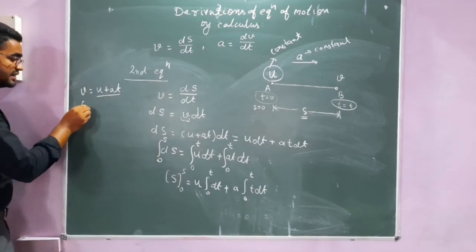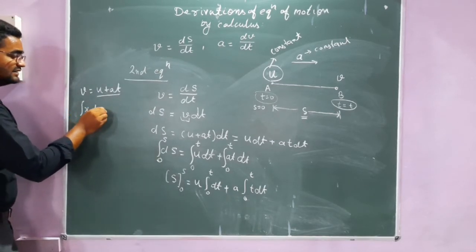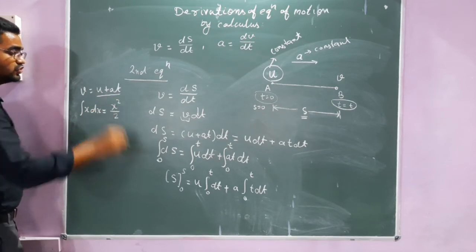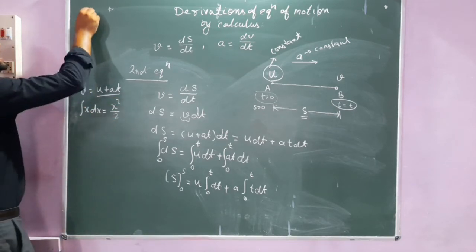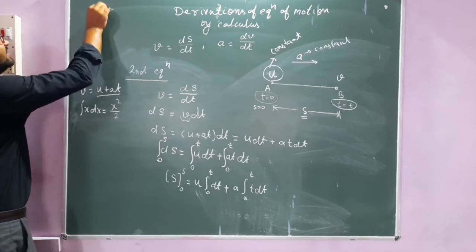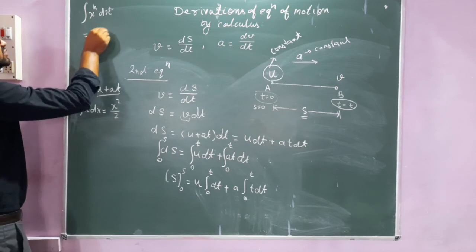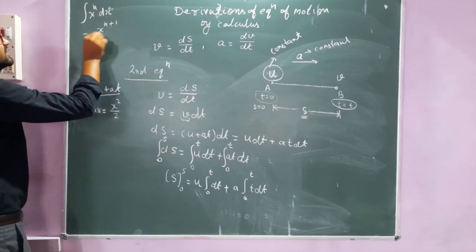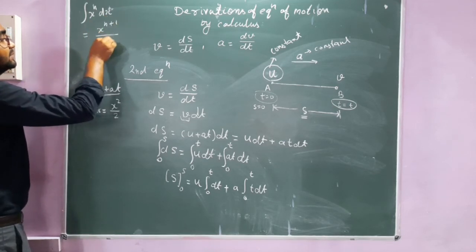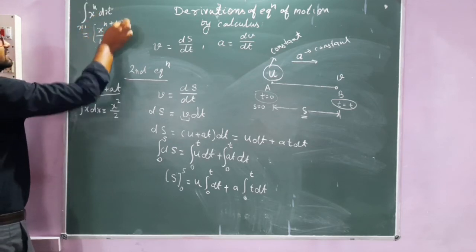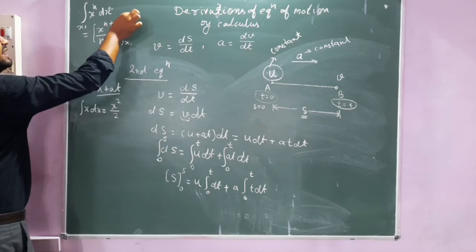Now integration x dx is written as x to power 2 by 2. We have the formula: integration x to the power n dx will be equal to x to the power n plus 1 divided by n plus 1. If we have certain limits x1 and x2, then we apply the limits x1 and x2.